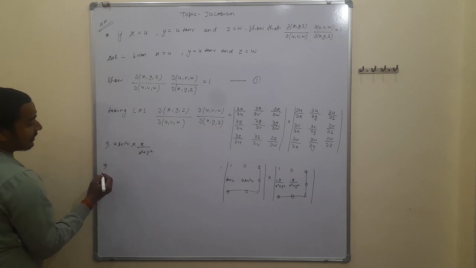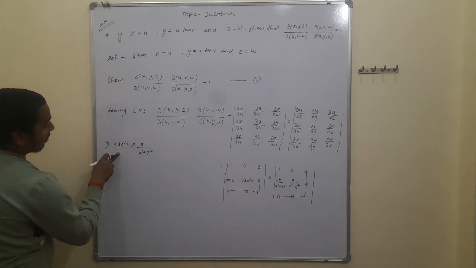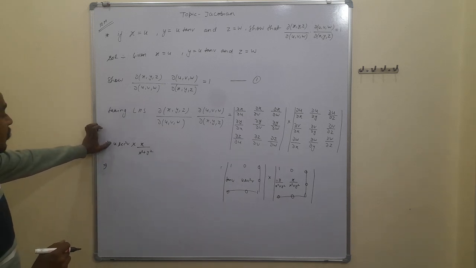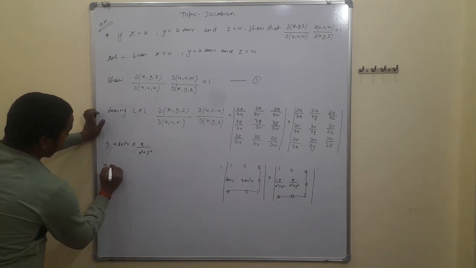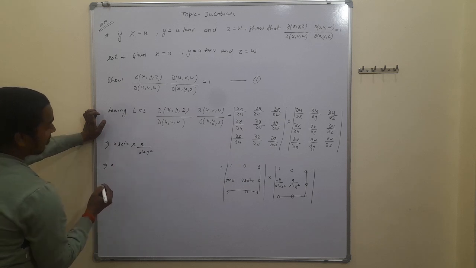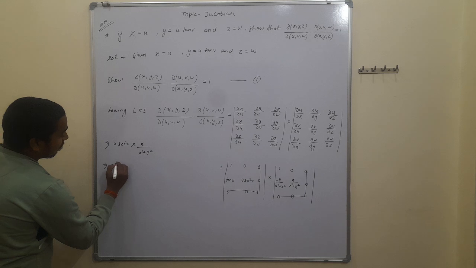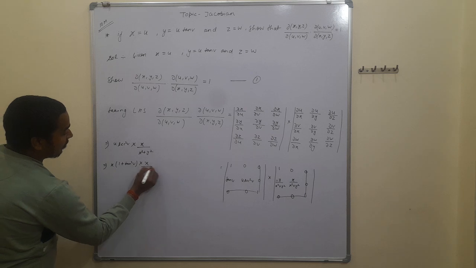u sec square v. We have to put the value of u, that is the value of u is x, and sec square v is written as 1 plus tan square v, into x upon x square plus y square.